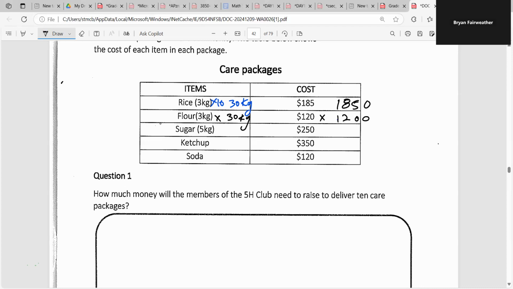Yeah, Brian, I get it, man. And then for sugar, it says it's 5 kilograms. So 5 kilograms multiplied by 10 would be 50 kg. So 250 multiplied by 10 would give you $2,500.